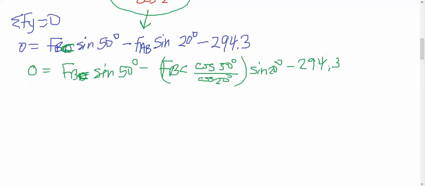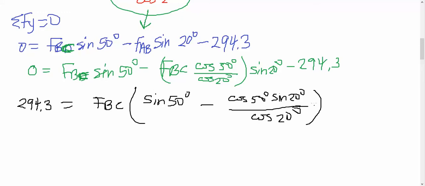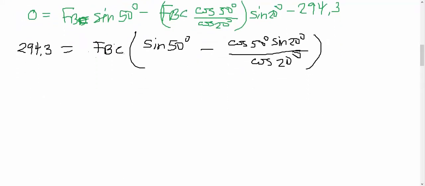So first of all, we can move 294.3 over to the other side and factor out FBC on this side. That would leave us with sine 50 degrees minus cosine 50 sine 20 all over cosine 20 degrees. Okay, and now we divide both sides by the coefficient of FBC.